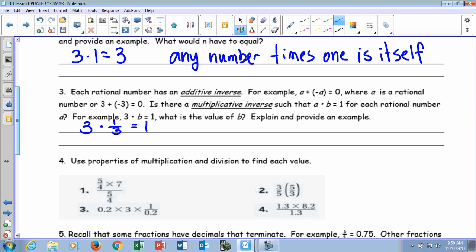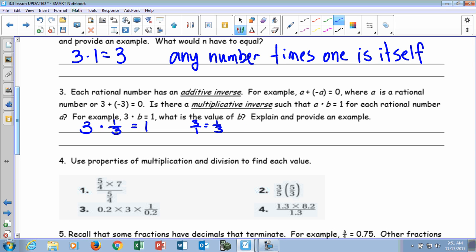Because think about this. If I take 3, I can write 3 as a fraction, right? 3 over 1 I can write as a fraction. And think of 1/3. What does 1/3 to 3 over 1 look like? What does it look like they've done there with the fraction? They flipped it, right? They flipped it.